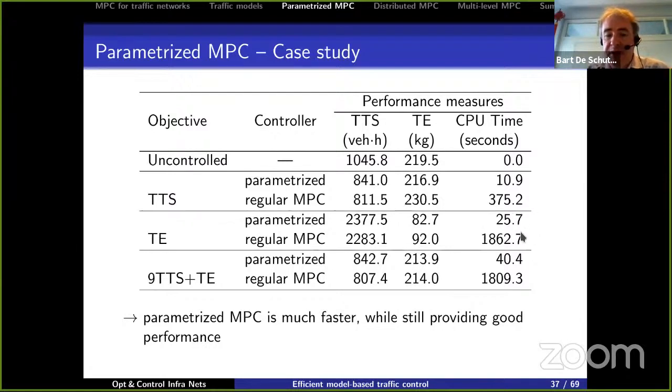And again, we see a speed up, and that also holds if we optimize a combination of total time spent and emissions. In all cases, we see that the performance between parameterized and regular MPC is similar, but we get a huge speed up. And that means that parameterized MPC is one of the ways to go if you need to control a huge traffic network.